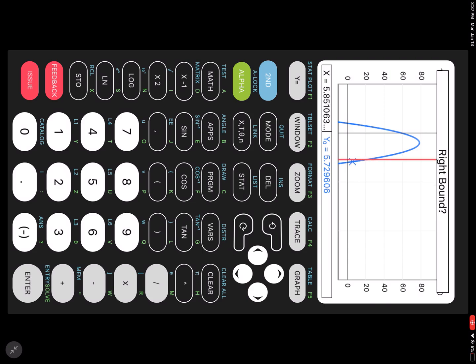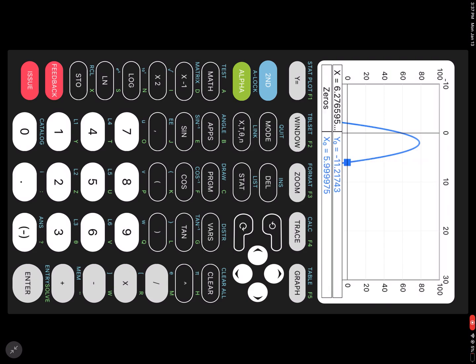So that's left, and then right, and this again gives you the answer, but you have to do a guess on a regular. So we'd say the time it hits the ground would be 6 seconds, all right? The x sub 0 or whatever, that would be the x-intercept, okay?